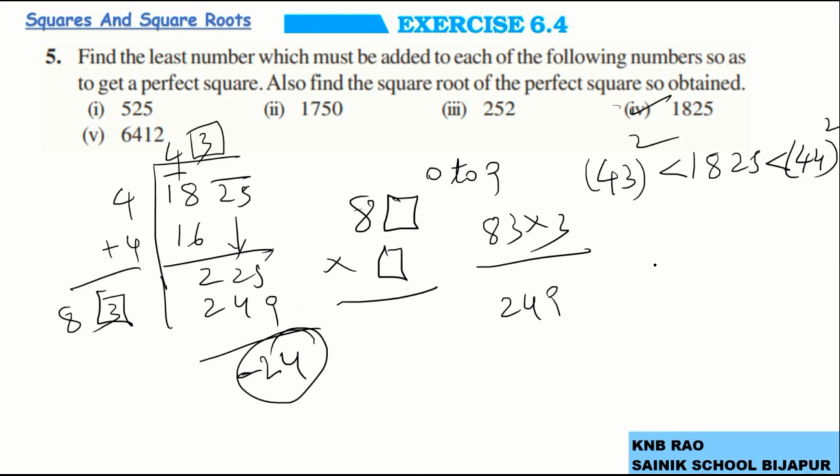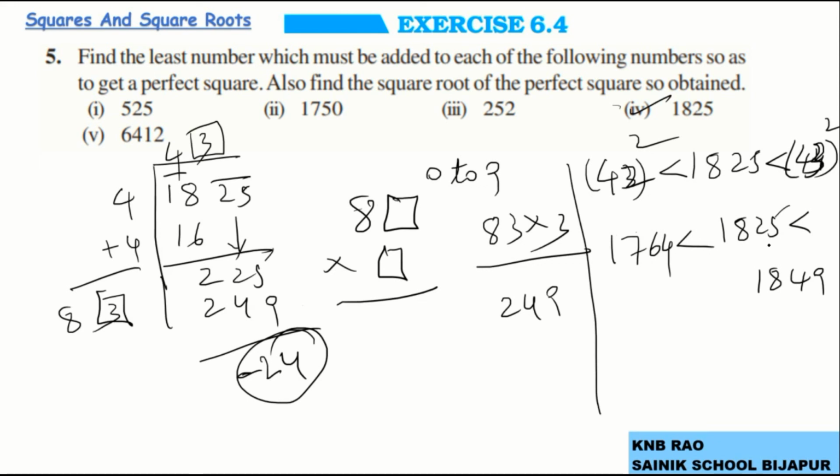You can check where 44 square is 1936 and 43 square is 1849, and 42 square is 1764. Here 1825 is less than 1849 and more than 1764.